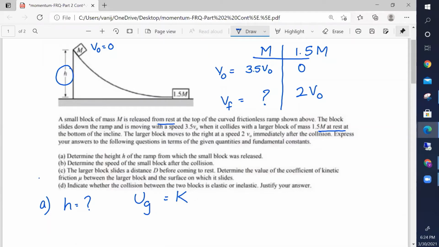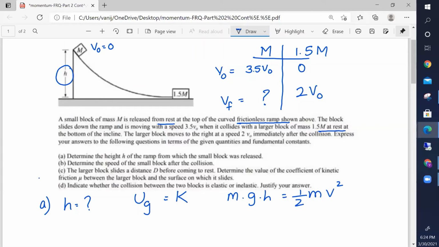I can equate those two energies because it's a frictionless ramp and there is no energy lost. So your gravitational potential energy is going to be equal to kinetic energy. I'm going to write those formulas down: m g h is equal to 1/2 m v squared.